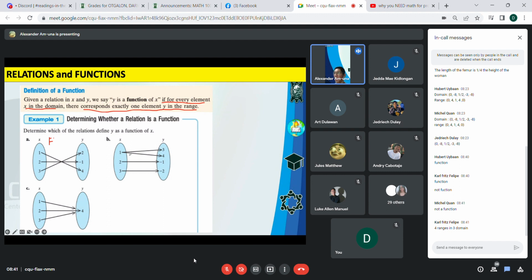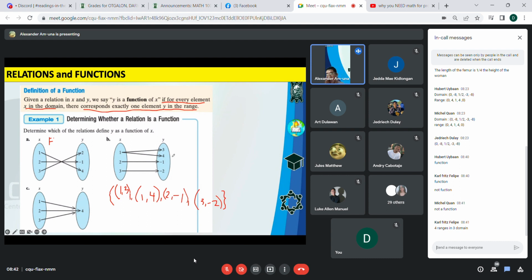So when we are going to write this in ordered pairs, you will come up with 1, 3, 1, 4, 2, -1, then 3, -2. This will be the set of ordered pairs for this one.